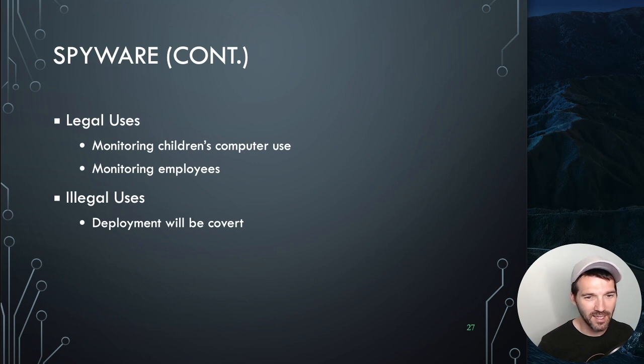Bedtime's at 9. You can't use your iPad after that. And if I detect activity on the iPad after 9, then I know for a fact that they're breaking the rules, right? So there are use cases. Obviously, illegal would be deploying it without the consent of the actual technology owner and doing it for espionage purposes.